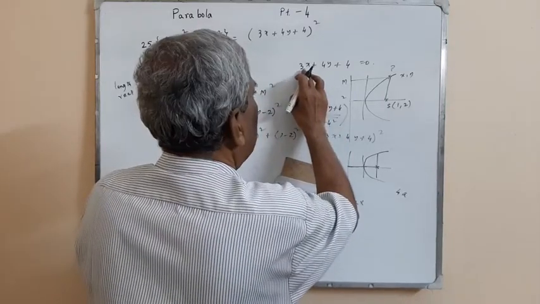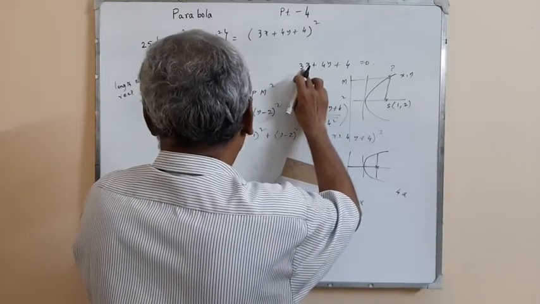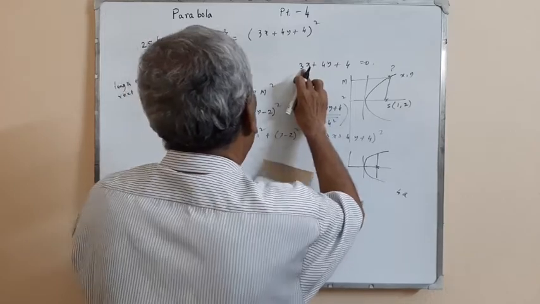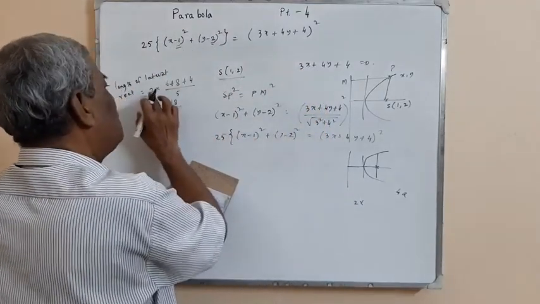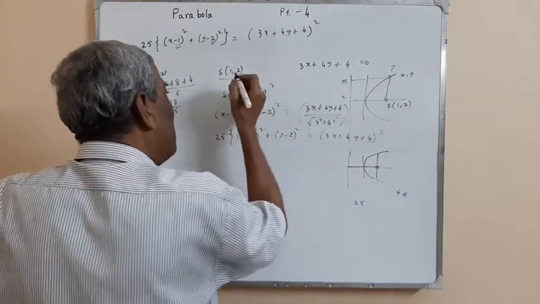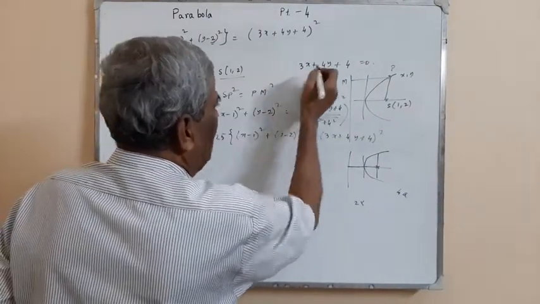It is actually 2 into the perpendicular distance from this point to that line.